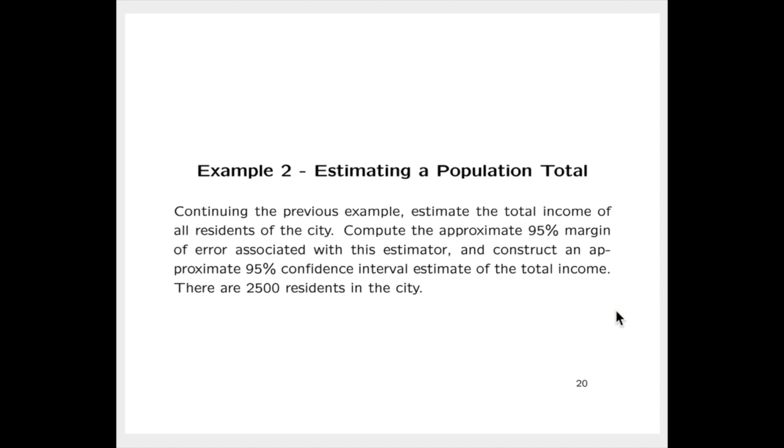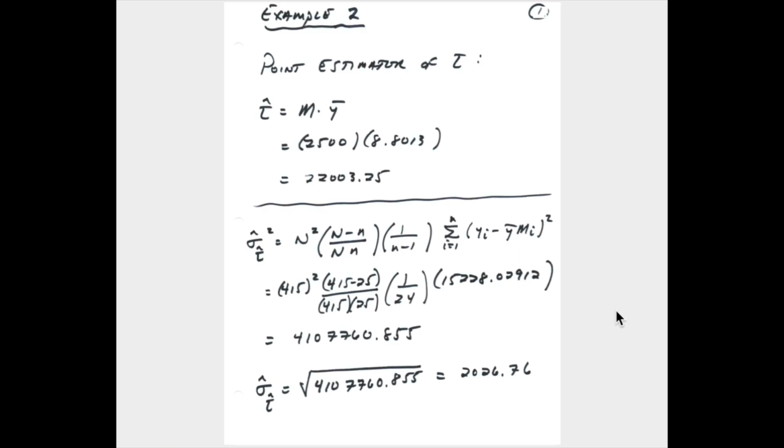Then we can use this particular estimator of tau. The point estimator, tau hat, is 2,500 times y bar, which we found to be 8.8013, so that estimator is 22,003.25.